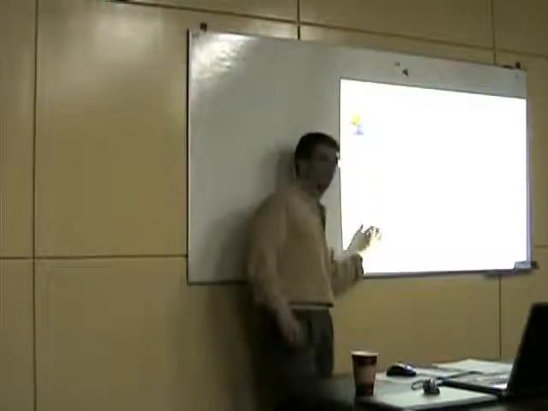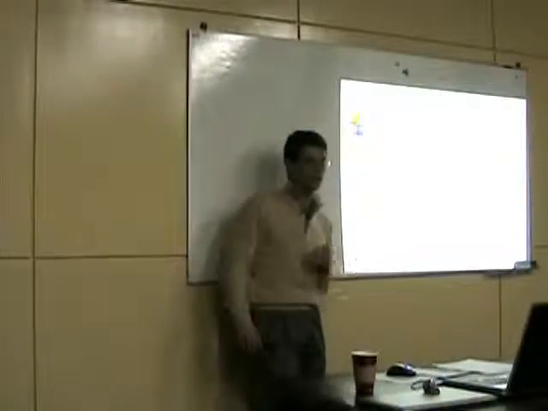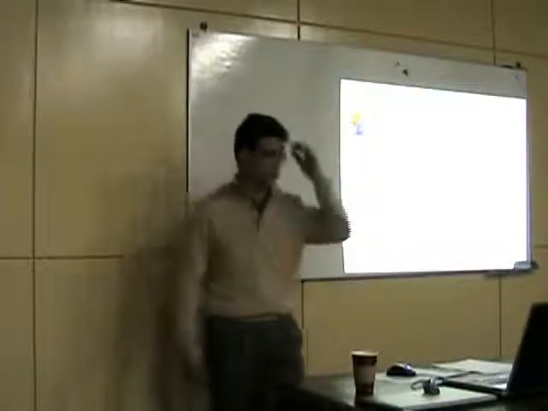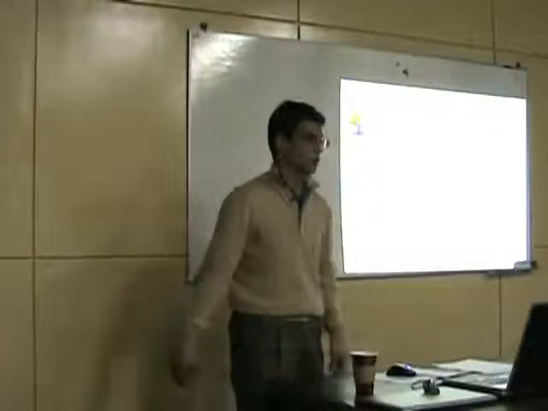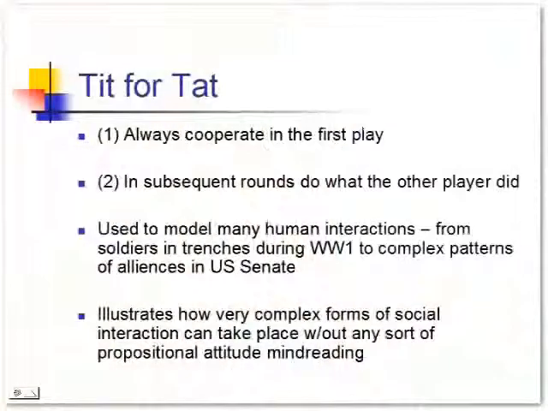Then we certainly would have examples of how these very complex social interactions can take place without any propositional attitude mind reading. This would weaken the hold that propositional attitude mind reading might have on you. It's going to weaken your sense that propositional attitude mind reading is indispensable for social coordination, social interaction, social understanding.